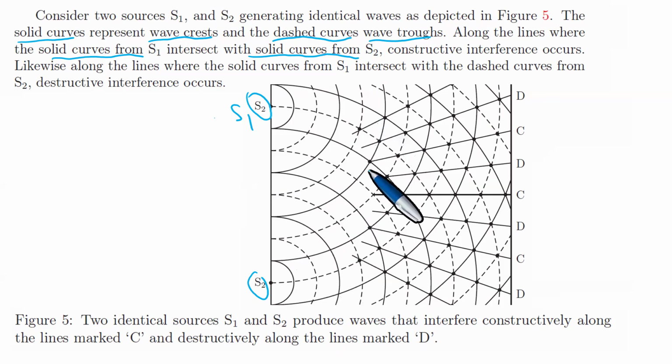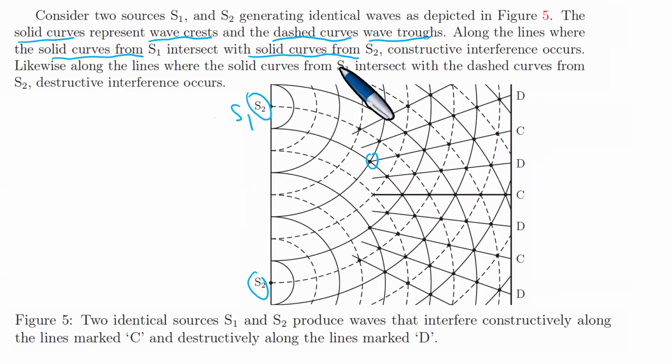For example, let us see what is happening here. If this one is a solid one from S1, and then it engages with a solid one from S2, then we are able to see another solid that is formed, and therefore it is constructive.